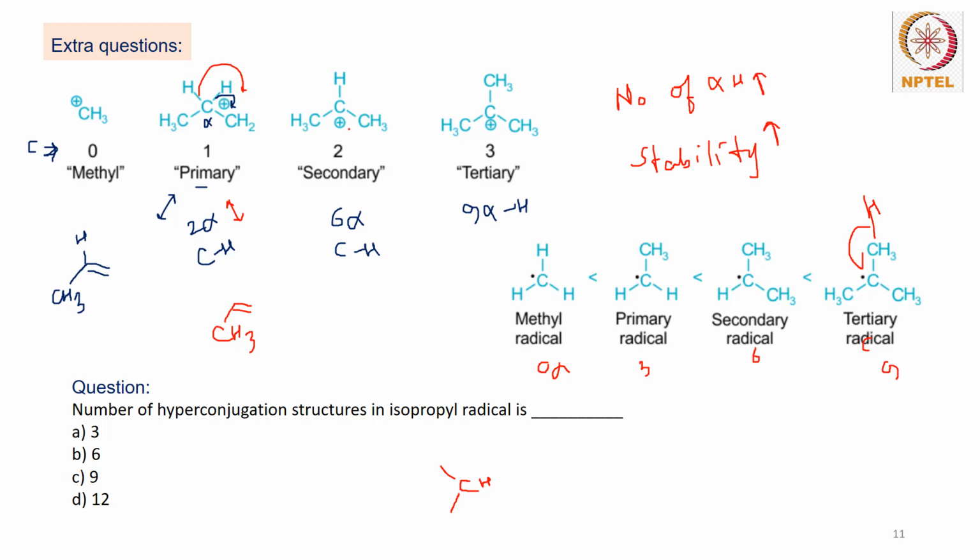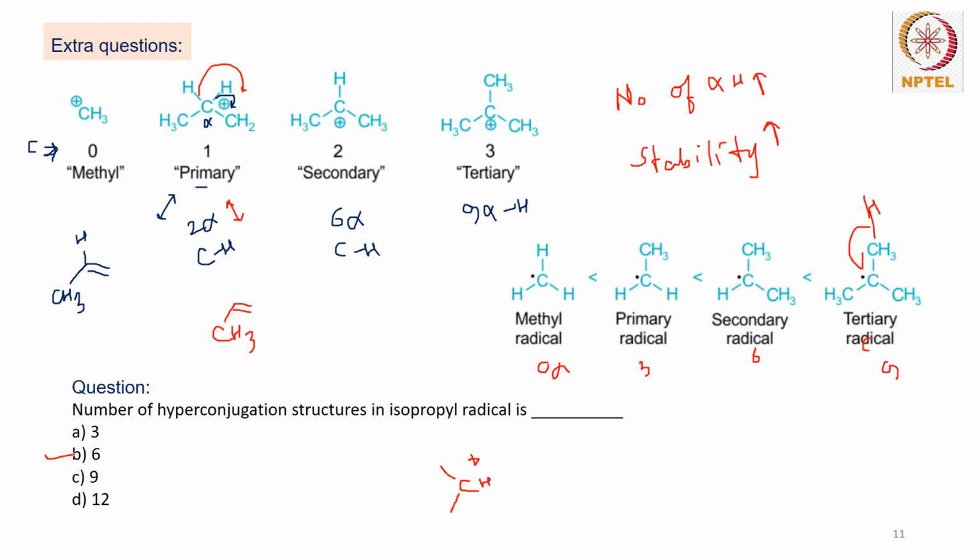Or if I show this one, this is isopropyl. So how many alpha hydrogens are there? 6. So how many hyperconjugation structures will be there? It will be 6. Many of you have answered already. Everyone has given a correct answer. So it will be 6.